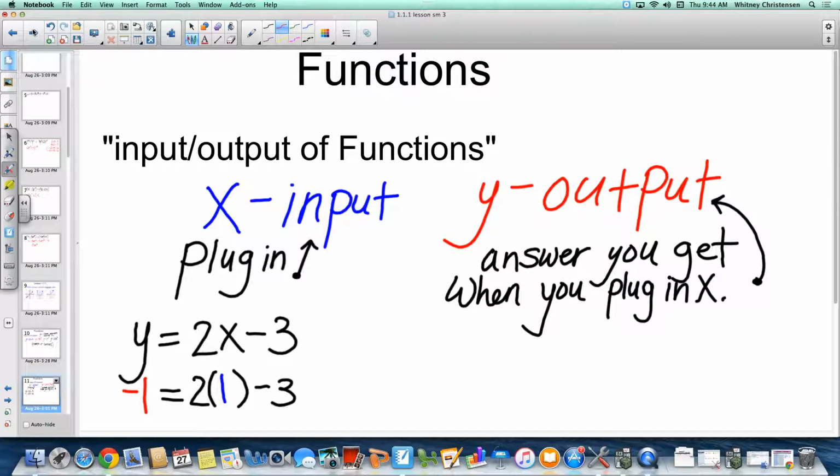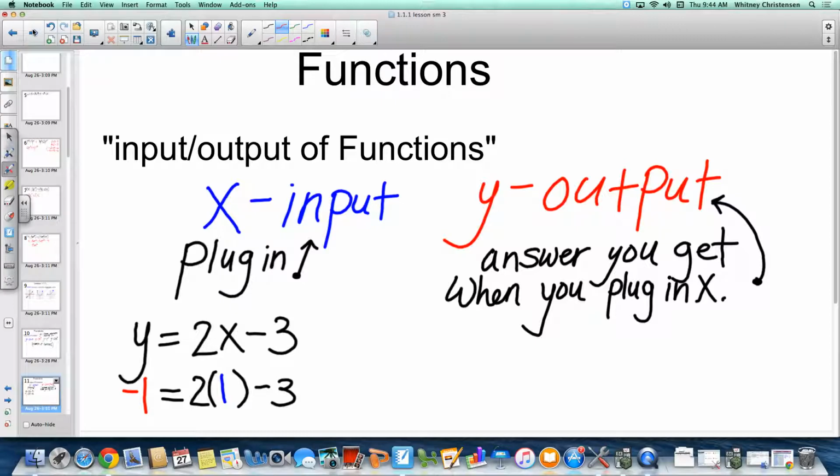Okay, so now this might be new to you, talking about input and output. Now you do briefly talk about it in secondary too, but you'll want to write this down. We have to talk about input and output of functions. So every function has the form y is equal to some expression involving x. With that comes every function will have an input and every function will have an output. So x in the function will be the input.